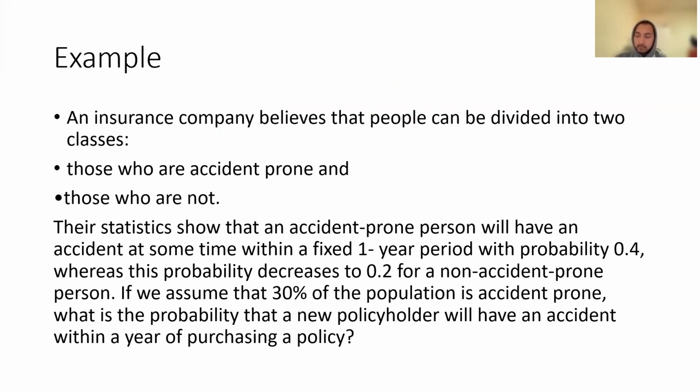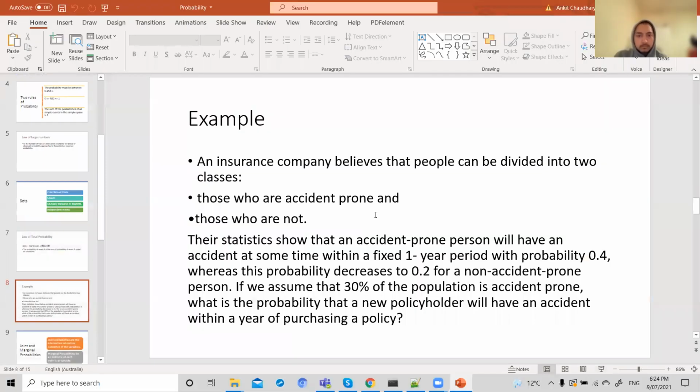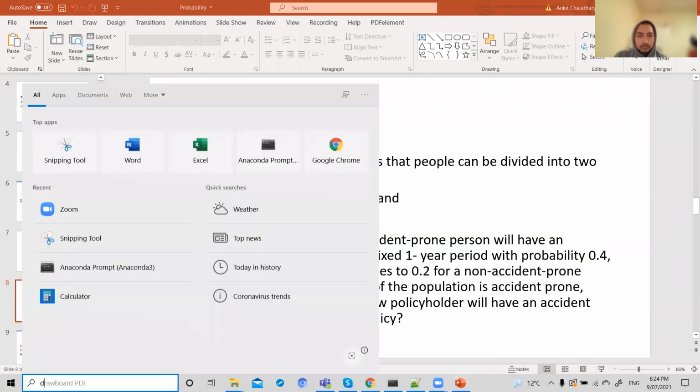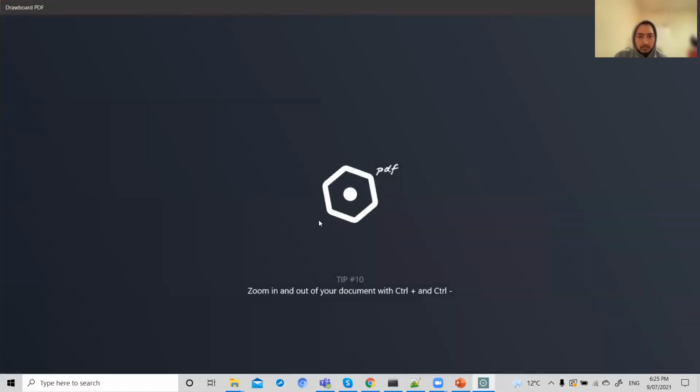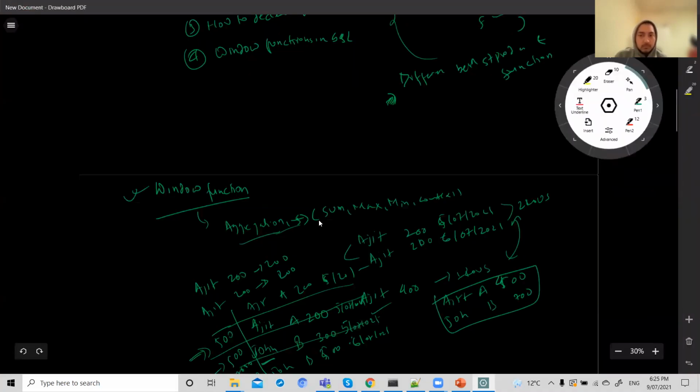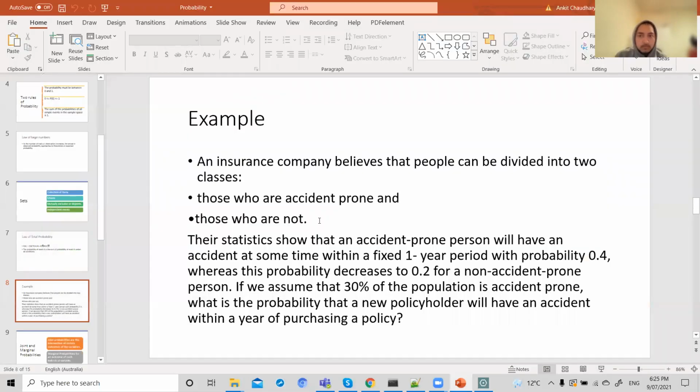So let's say, for example, an insurance company believes that people can be divided into two classes: those who are accident prone and those who are not. So what is the question?